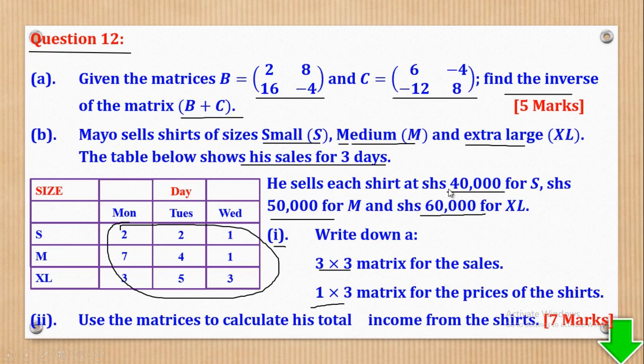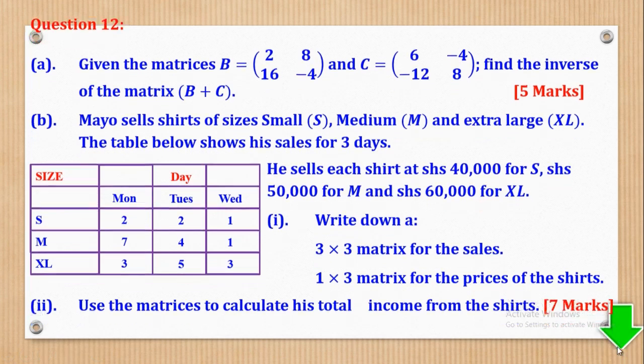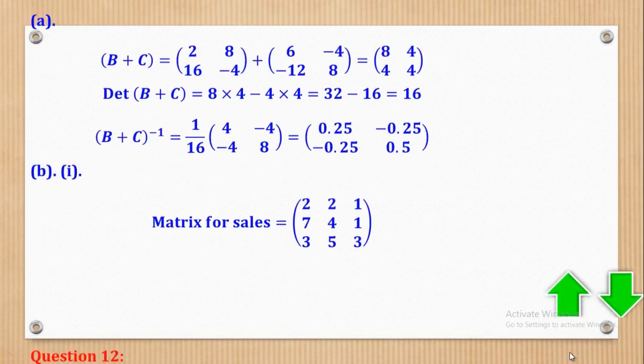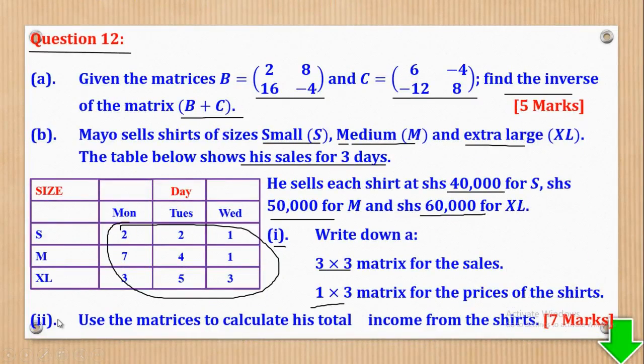So a 1 by 3 means that 1 row and 3 columns, and therefore a 3 by 3 will be 3 rows and 3 columns. So this 273, 245 and 113 is coming from here.